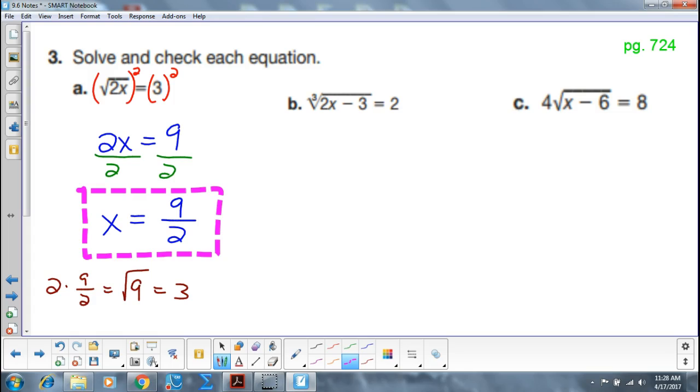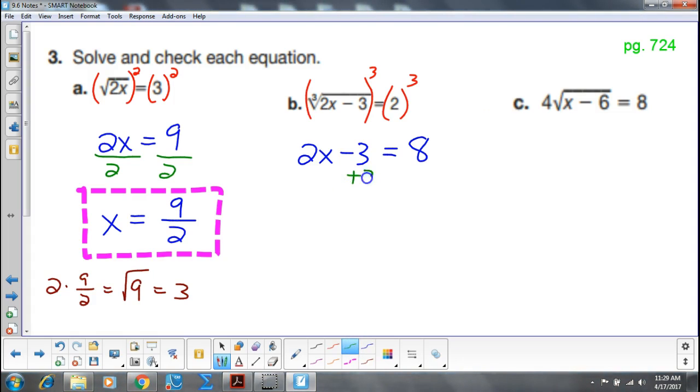Questions on that? Part B. Radical isolated. So what do we need to do? Cube both sides. Left side gives me 2x minus 3. Right side gives me 8. Then what? Add 3. 2x equals 11.